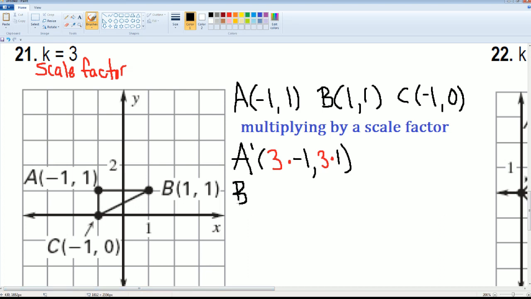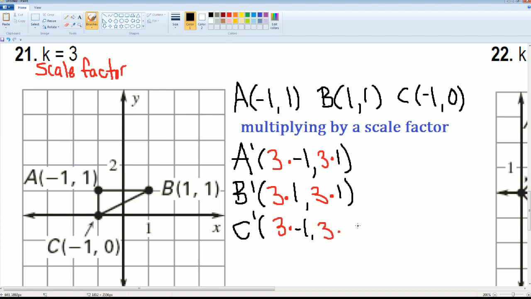B prime is going to be 3 times 1 and 3 times, what's the point? 1. C prime is going to be, again, multiplied by the scale factor, which is 3. 3 times -1 and 3 times the 0.